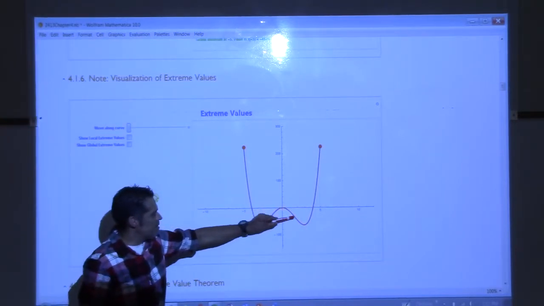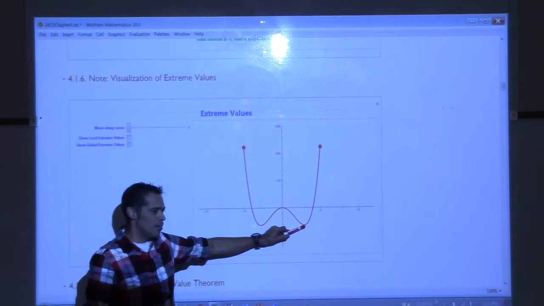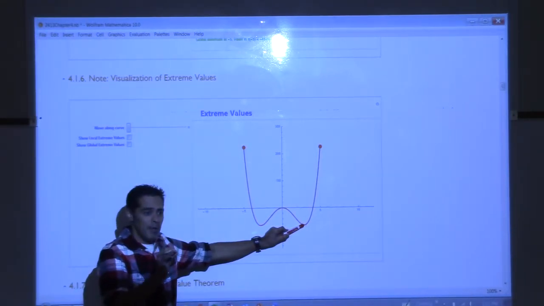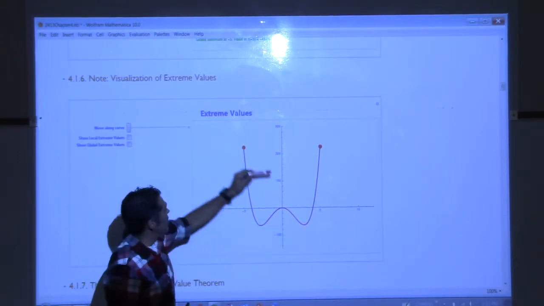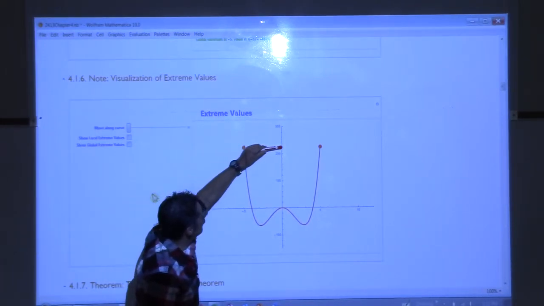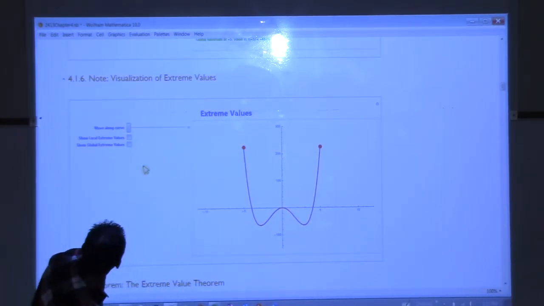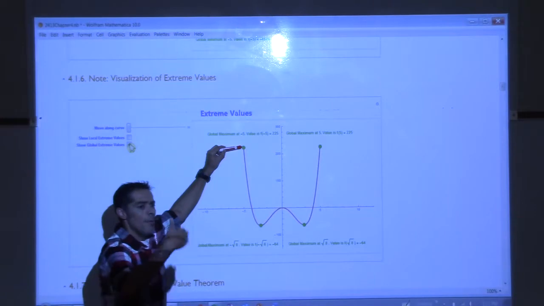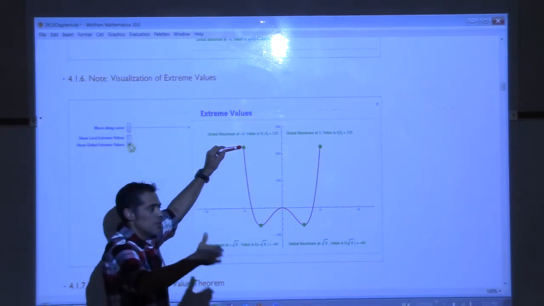Local max, local min, and global min. So when we talk about the actual global minimum, we're talking about the Y value that comes out. So this global maximum has a value of like 200 something. I think I have it labeled. Okay, so the value of this is 225. So the global maximum is 225.